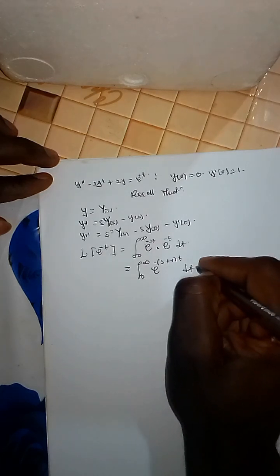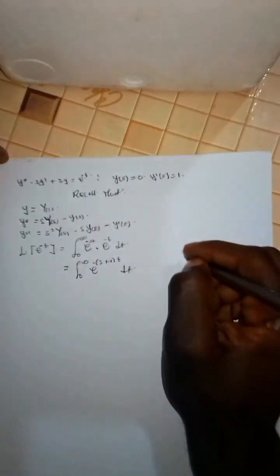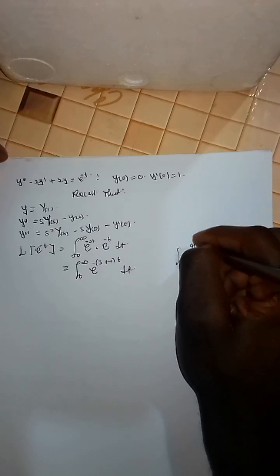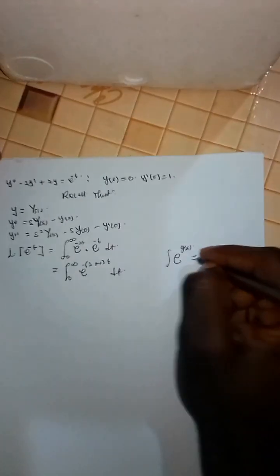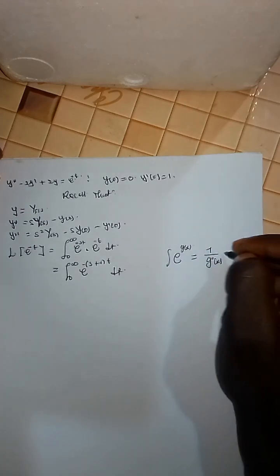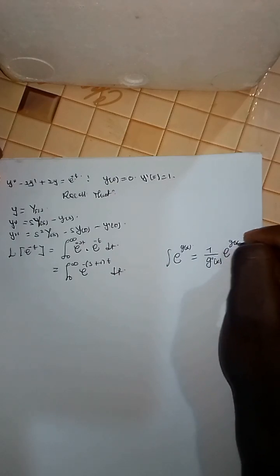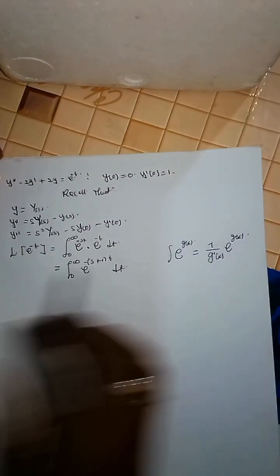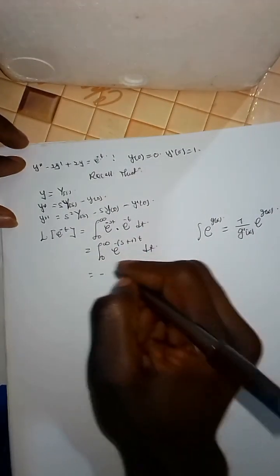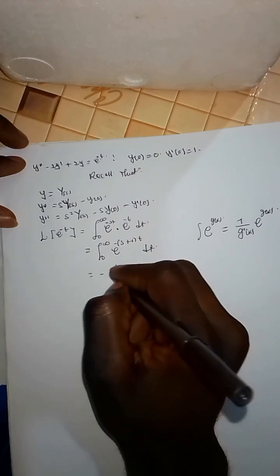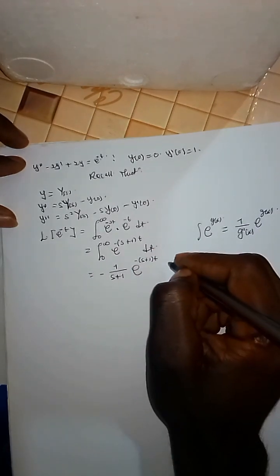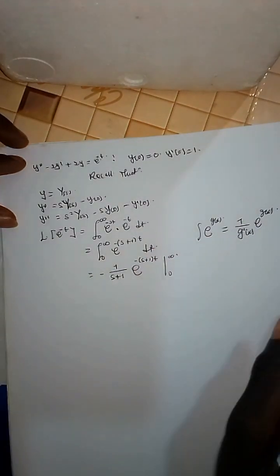all times t, dt. Now remember that the integral of the function e to the g of x is equal to 1 all over the derivative, that's g prime of x, times e to the g of x. So if we apply this approach here, we will have negative 1 all over s plus 1 times e to the negative s plus 1 t from 0 to infinity.